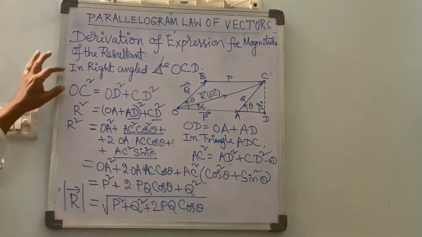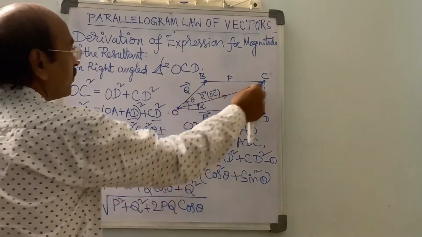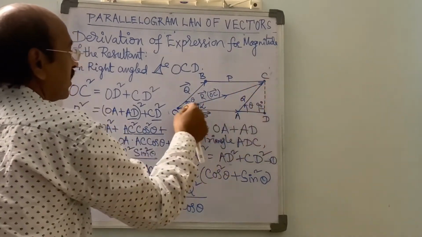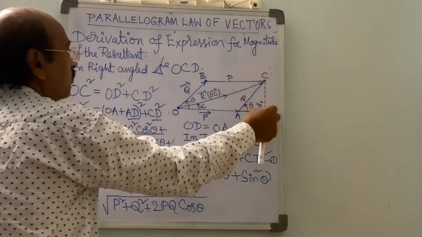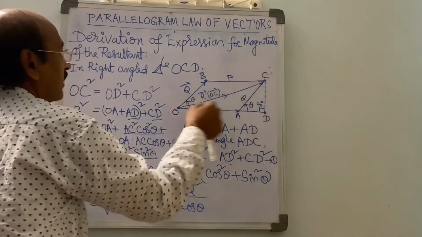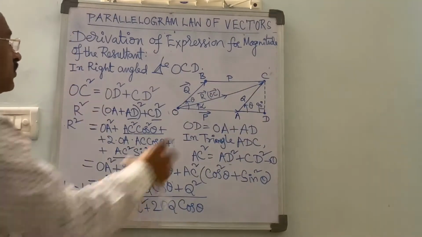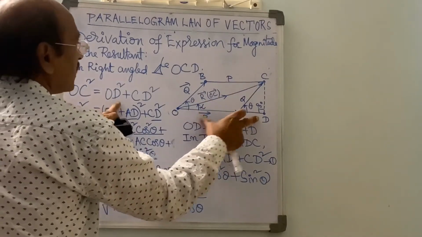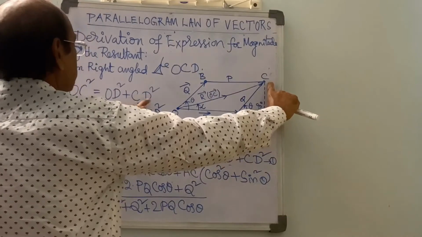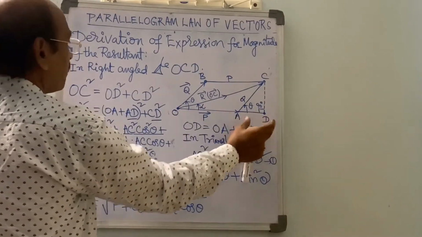So here magnitude is found by applying Pythagoras theorem to this large right angle triangle ODC. So hypotenuse square OC square is equal to OD square plus adjacent side plus opposite side square CD square, where OD is equal to OA plus AD.